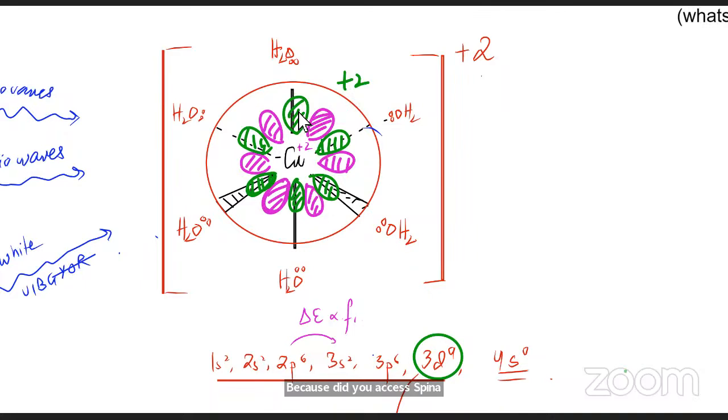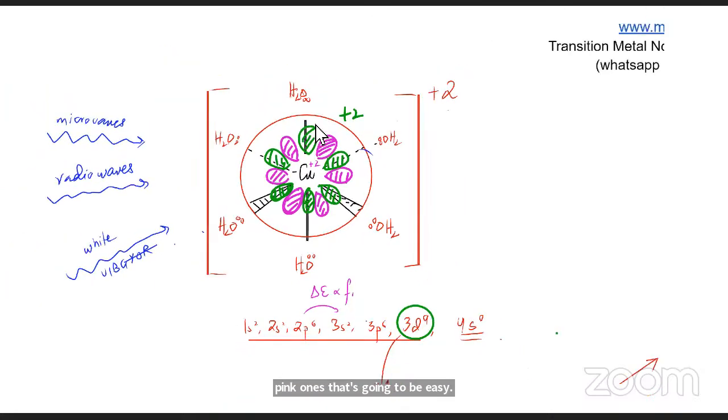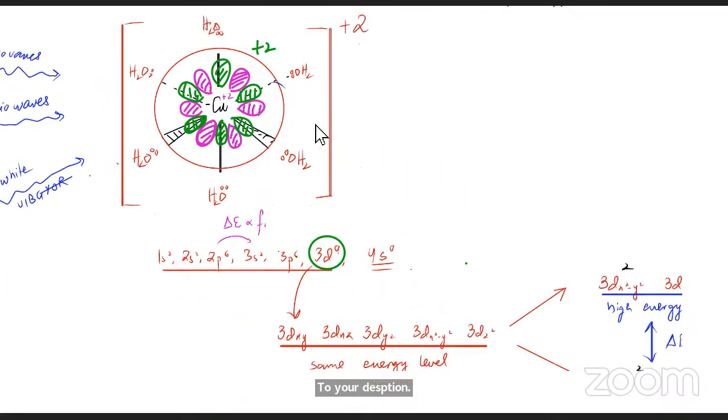Do you get the point? If there's a water molecule over here, it's going to be harder to keep electrons in the green orbital. So keeping electrons on the axis is going to be difficult. Keeping electrons between the axes in the pink ones is going to be easy. So your d subshell is now going to have 2 energy levels.